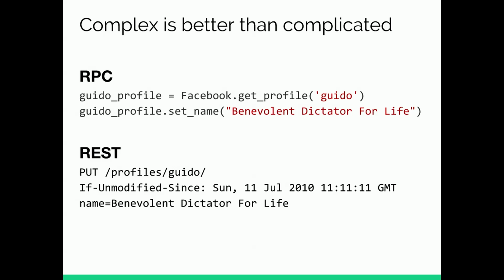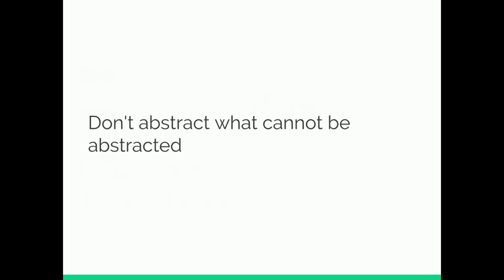And this means that REST accepts that it's in a more complex environment, the client-server one, instead of just considering client-server the same as local development. So don't abstract what cannot be abstracted. We need to reason about the environment we are in before abstracting.